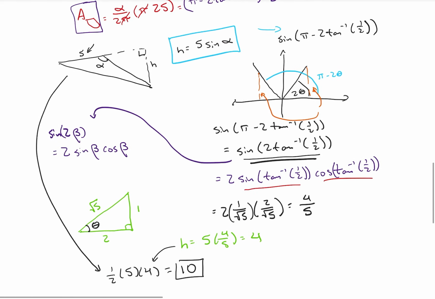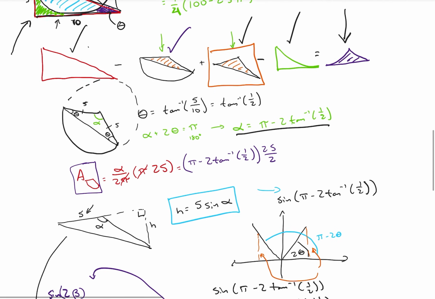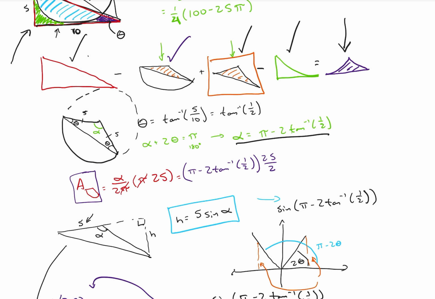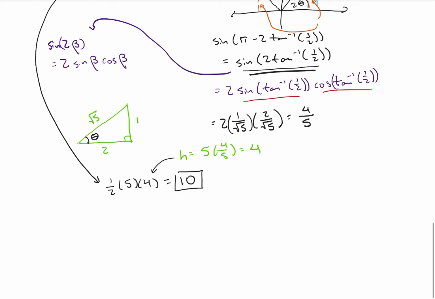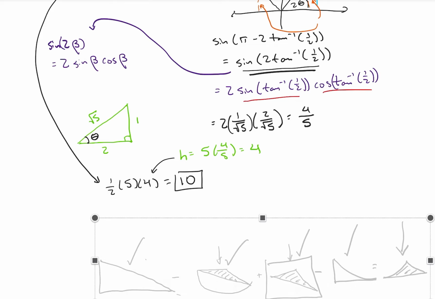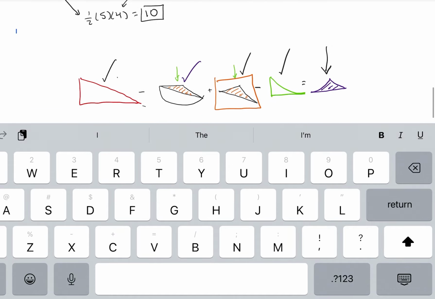Okay, so let's come back down here. So now that I'm looking at this, let's go ahead and re-look at this whole sequence right here, and let's try to organize our ideas just a little bit here. So let's bring that down. Okay, so we have all of our shapes here.